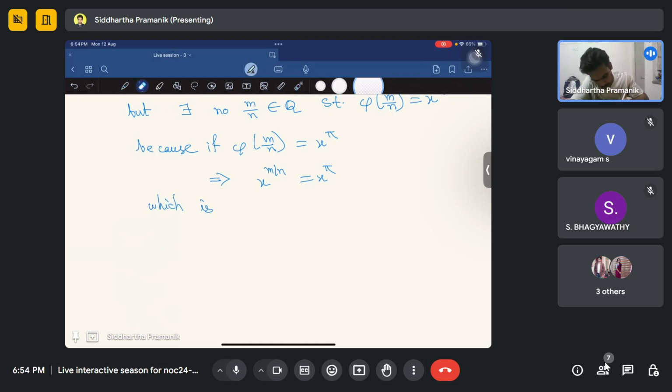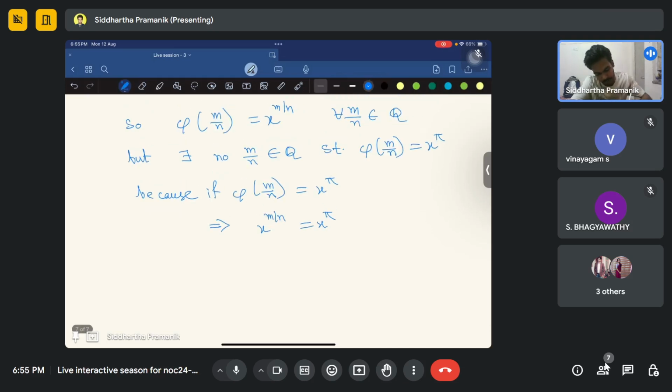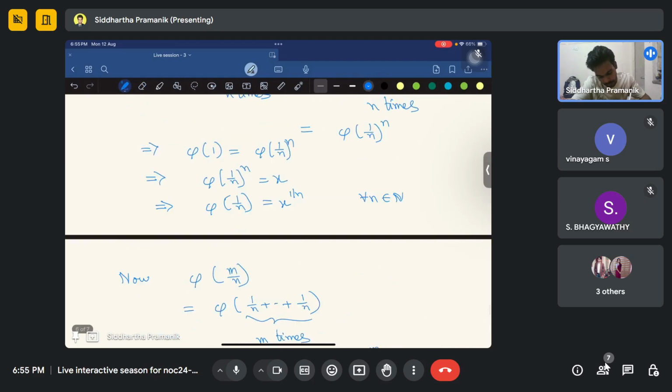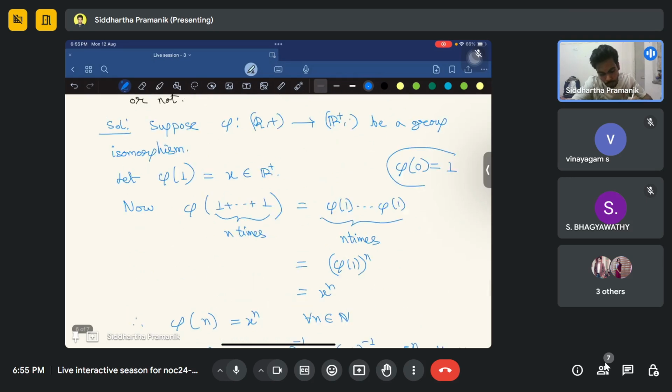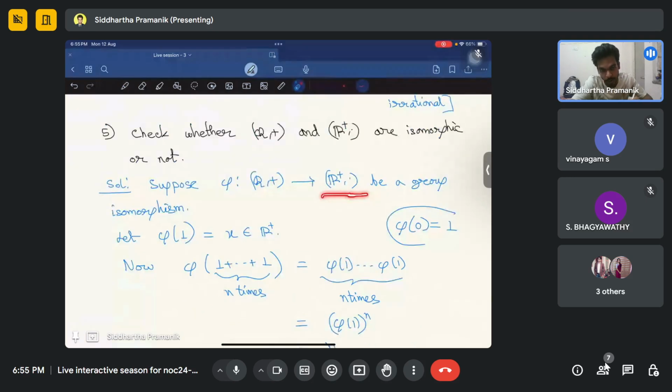So let's not write contradiction. So that means we have an element in the codomain which has no pre-image. So this cannot be a bijective map. So this cannot be an isomorphism.